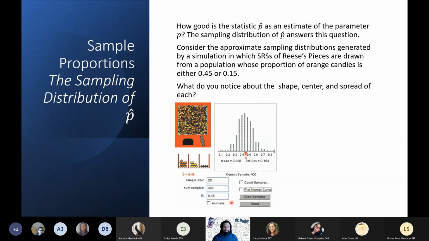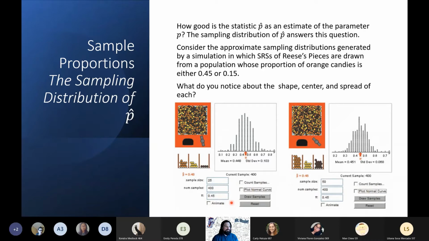It seems like an unbiased statistic. If we look at the same population, but we increase our sample size to 50, we get the result we would expect, in which the sampling distribution of the sample proportions is less varied, but the center still reflects a good statistic and is right about where the population proportion is. So that's good.